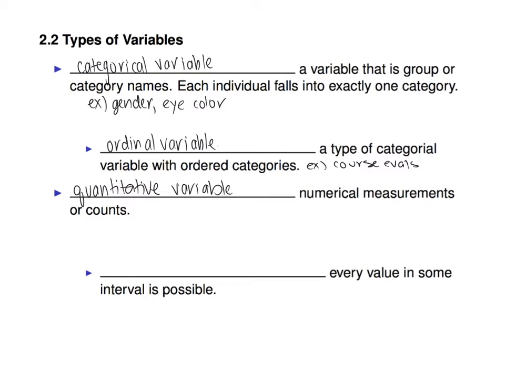And a variable is called continuous if every value in some interval is possible. Examples of continuous variables are things like heights, weights, stuff like that.